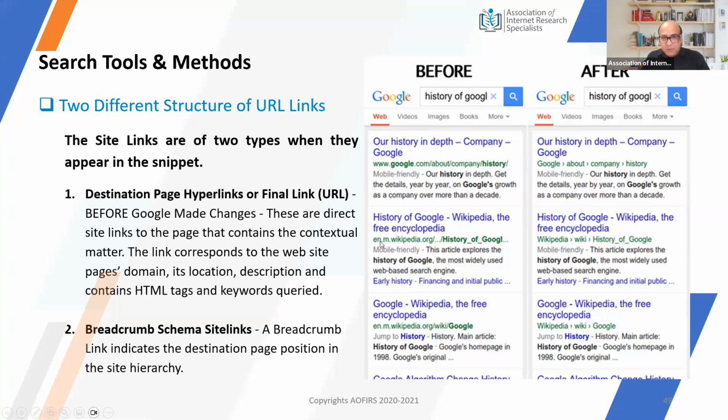This one, for example, was another example of a complex or longer URL. What used to be, where it is showing these dots between the two backslashes, means there's a lot of information. They could be just the textual content, or there could be alphanumerics held in between or coming after the .org, followed by another backslash that continues with the words History of Google as a landing page title.